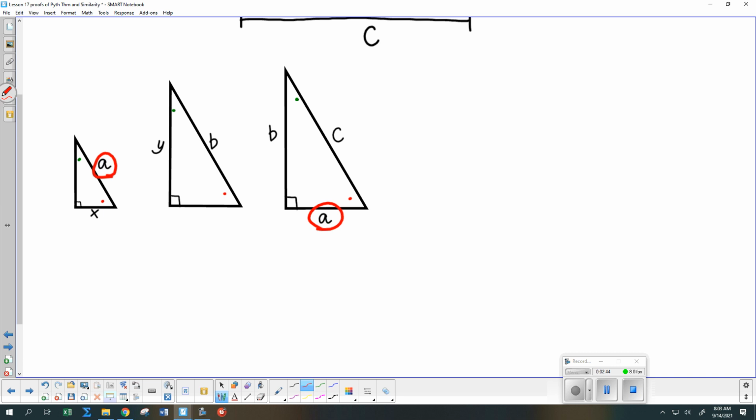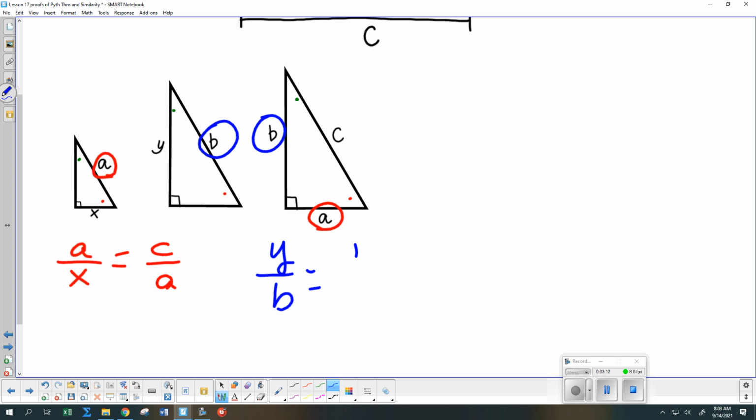So I am going to say A over X is equal to C over A. Everybody good with that? Okay, then I am going to take the 2 triangles that both have B in them and do the same thing with those sides. So I'm going to say Y over B equals B over C, just setting up the ratios of those corresponding sides.